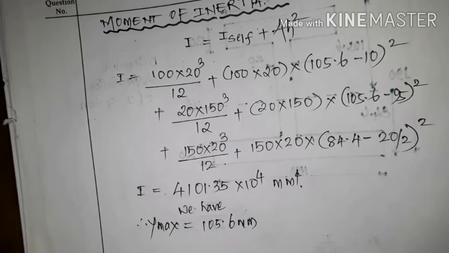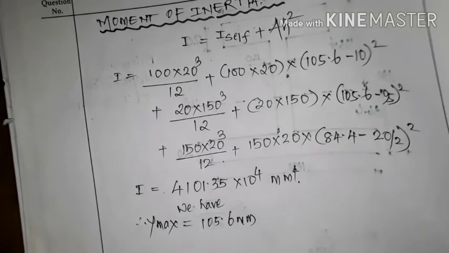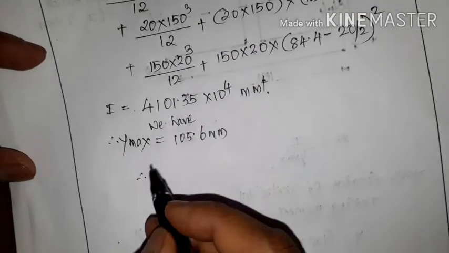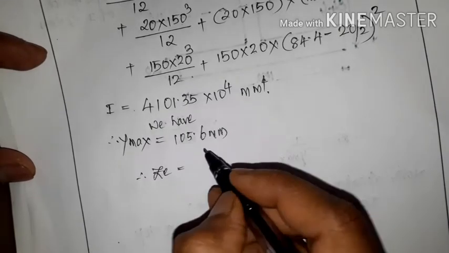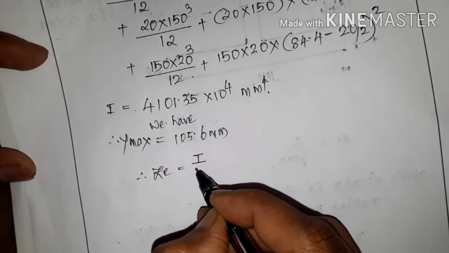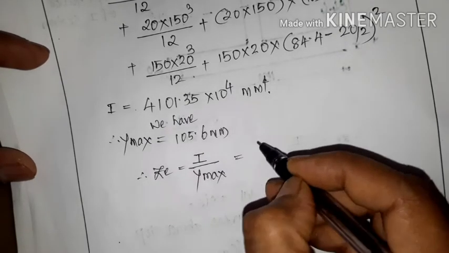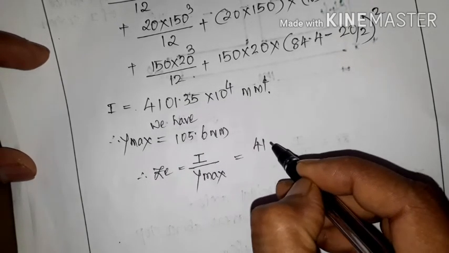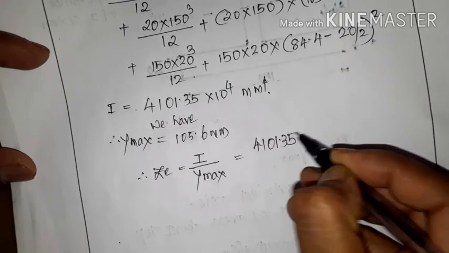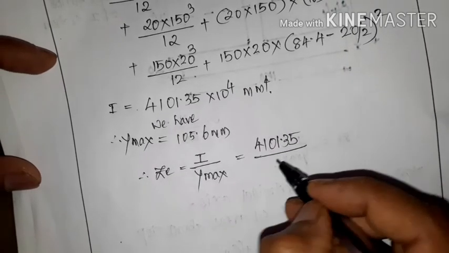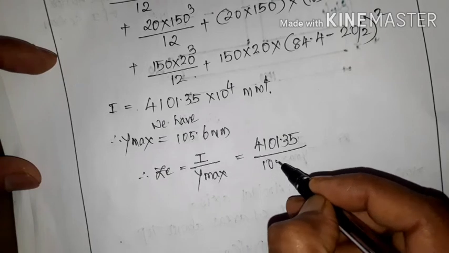Therefore Ze is equal to I by Ymax. I is 4101.35 into 10 raised to 4, divided by Ymax, which is 105.6.